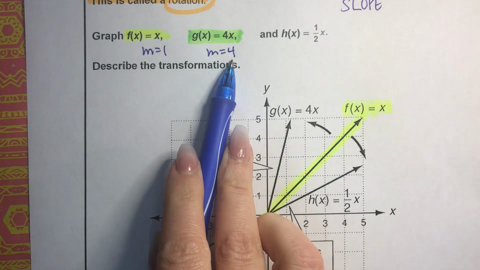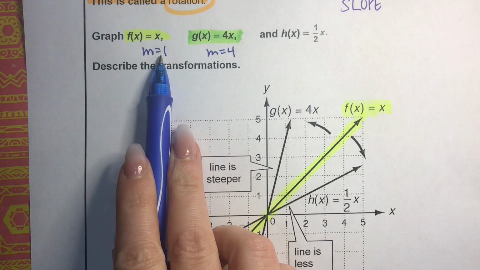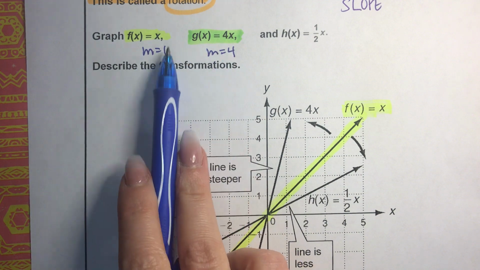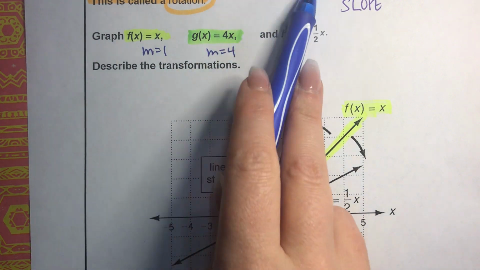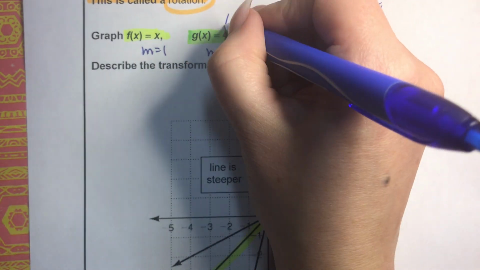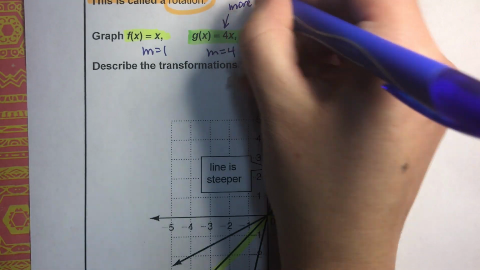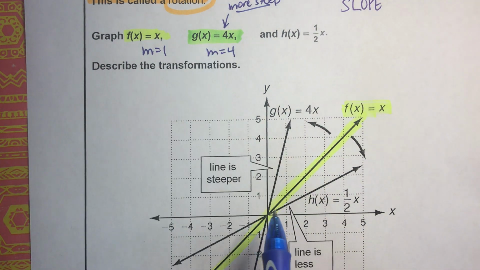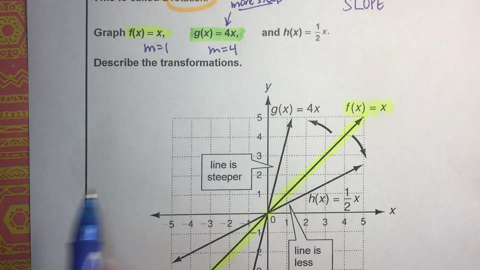So look, 4 is more than 1, right? So what that means is when the slope is bigger, it's going to become more steep. So this should become more steep. Now let's go ahead and graph it and see. So the y-intercept is 0, and then you go up 4 over 1, and then you have our g of x right here.